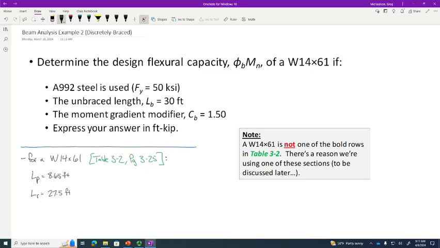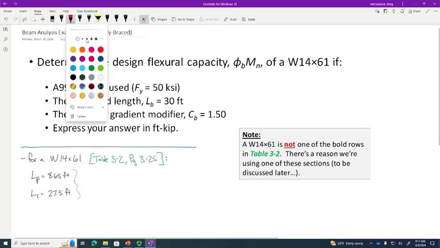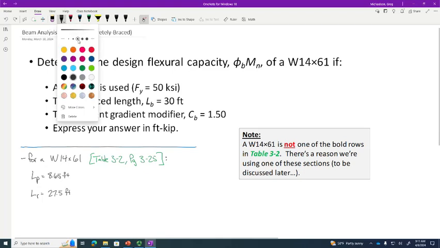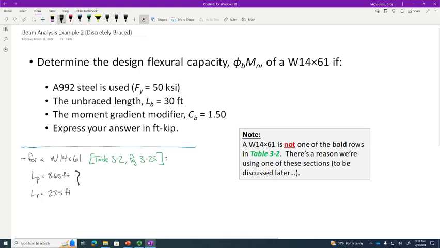Okay, so if that's the case, let's try that. Okay, so LB, what is LB for this problem? 30.